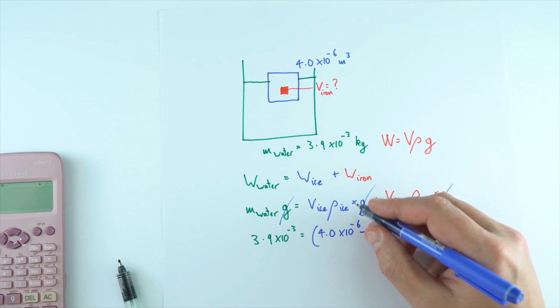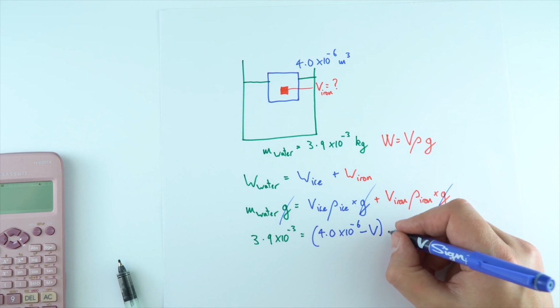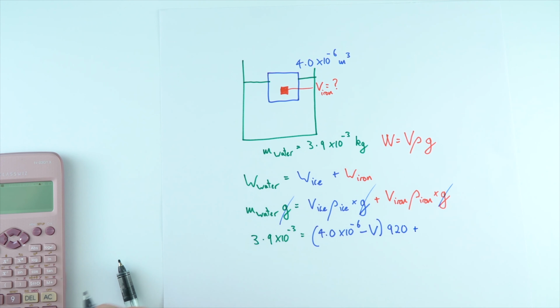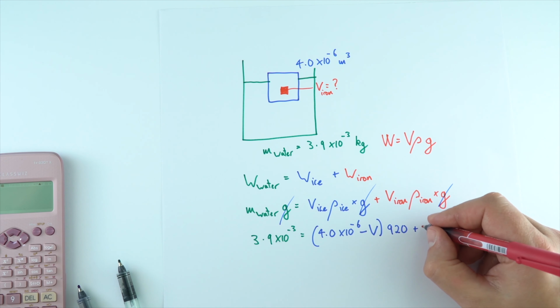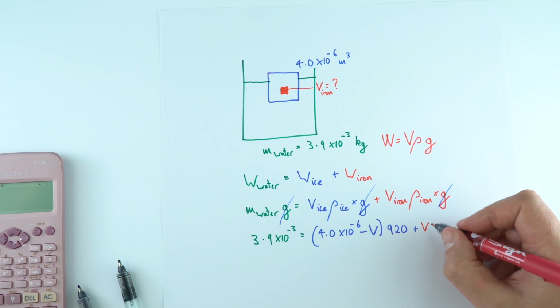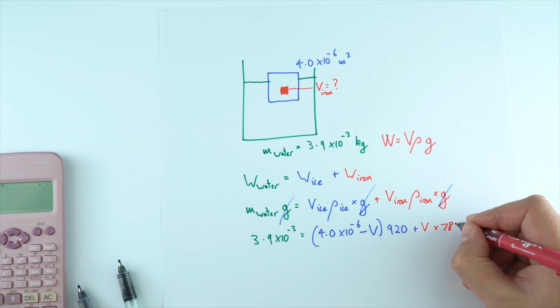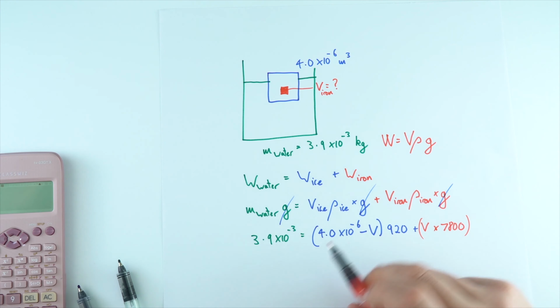Okay, we're going to multiply that by the density of ice, which on the previous page was given to us as 920. And then we're going to add this to the volume of the iron, which again is our unknown. The density of iron given to us in the question was equal to 7,800. And yeah, so basically we're going to use this.